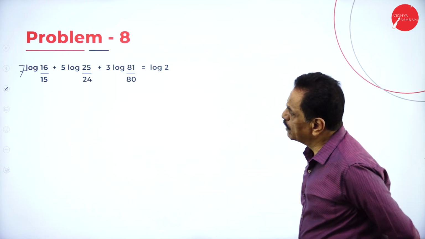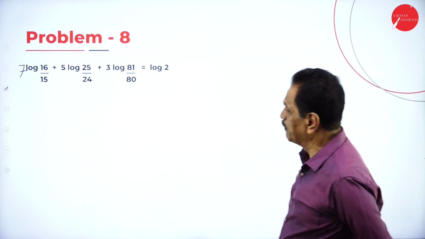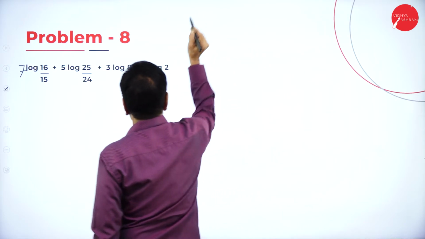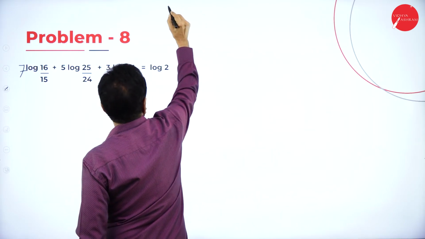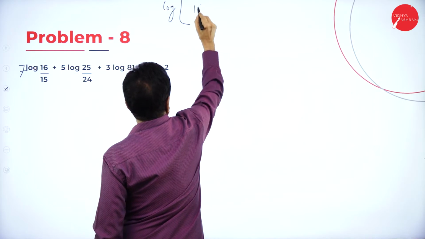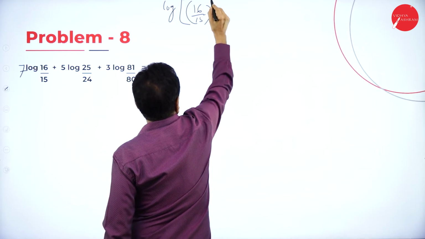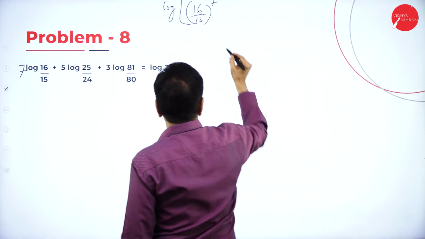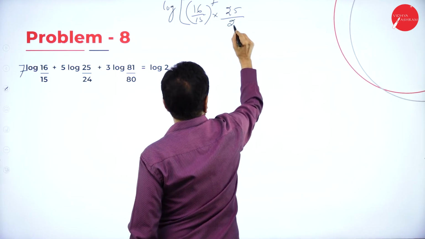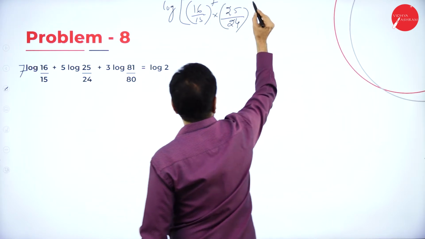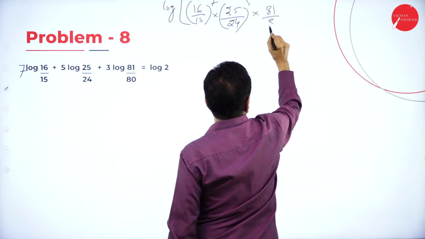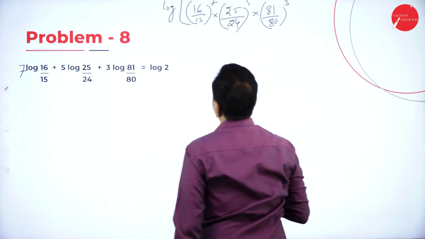7 log 16 by 15, 5 log 25 by 24, 3 log 81 by 80. So this can be written as log of 16 by 15 to the power of 7 into 25 divided by 24 to the power of 5 into 81 divided by 80 to the power of 3.